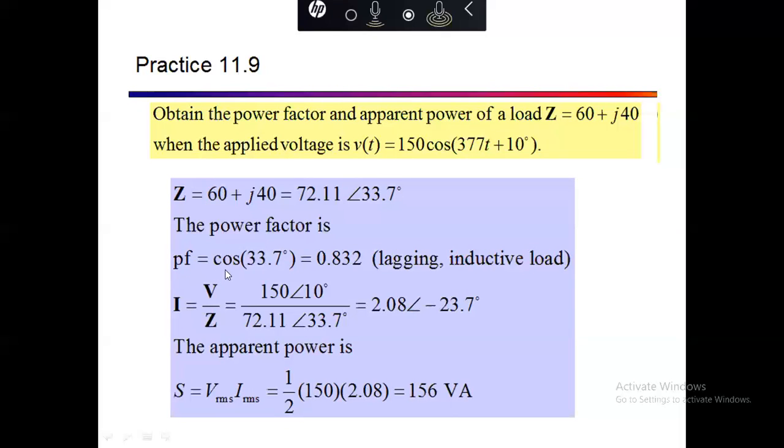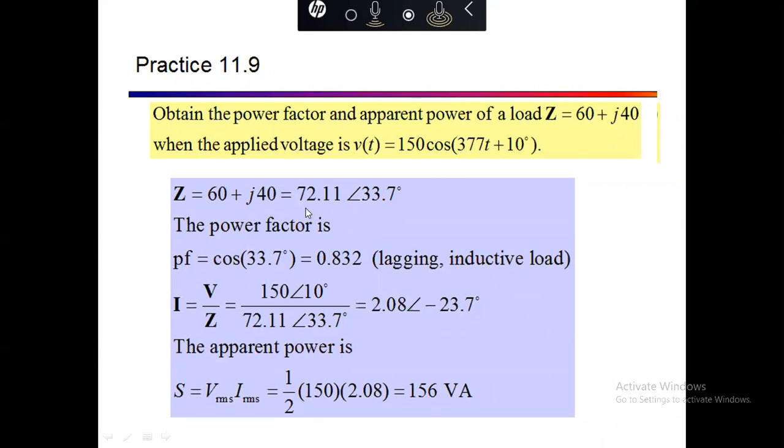So we take the power factor of the load, which is cos 33.7 degree, and that is 0.832. Because the sign of this angle is positive, it is a lagging power factor, and the load is inductive in nature.